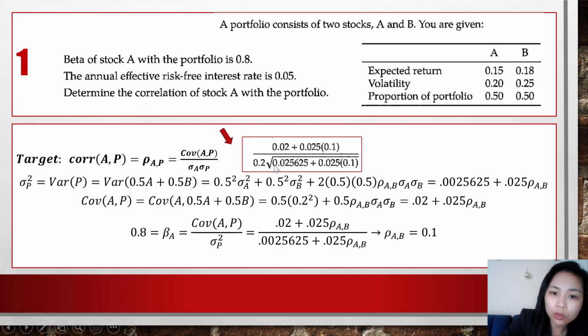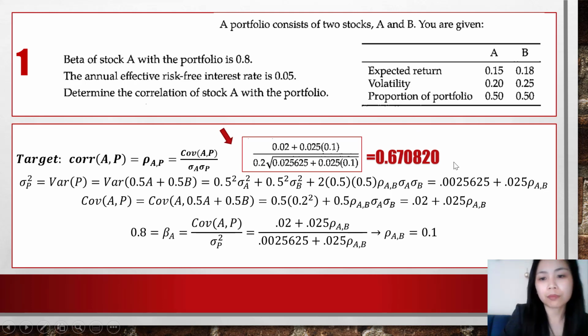Sigma P is the square root of sigma squared P. Sigma squared P here is 0.0025625 plus 0.025 times 0.1, because 0.1 is rho AB. See that? And it results in 0.670820. So this is the correlation of stock A with the portfolio.